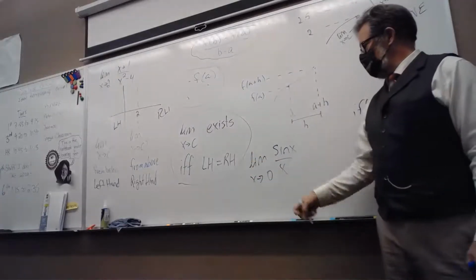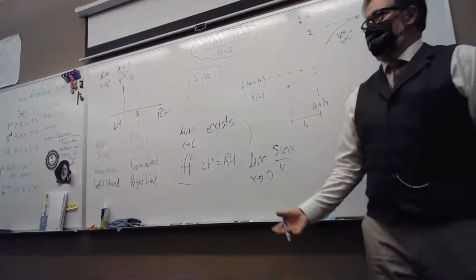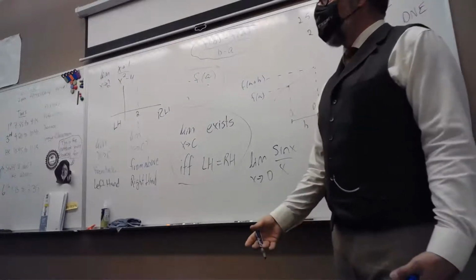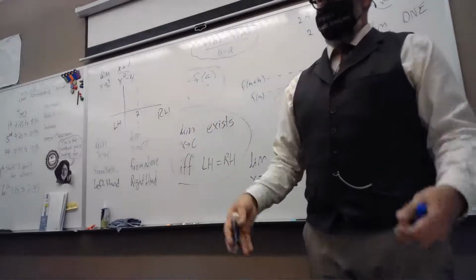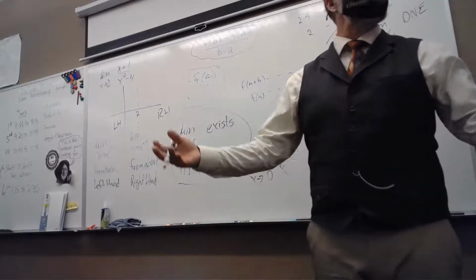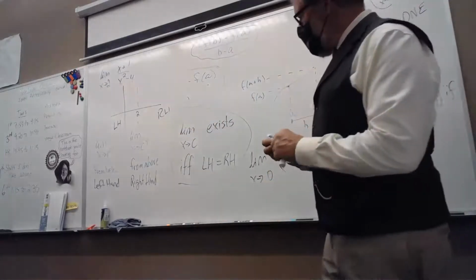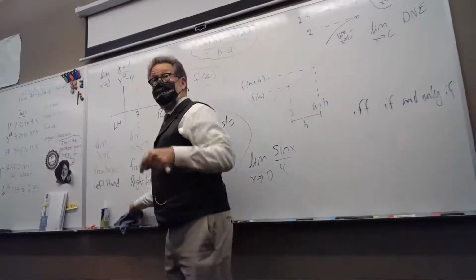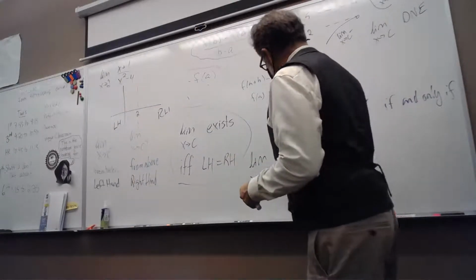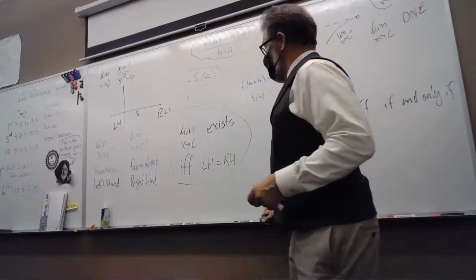Sine of 0, 0. X is 0. I don't know what the limit of that is. And I don't know how to calculate it. But I can look at a graph and I can see, oh yeah, look, I see it doing something. Okay? So I'm glad you said that, even though that wasn't the one you intended, but it worked out for the best.